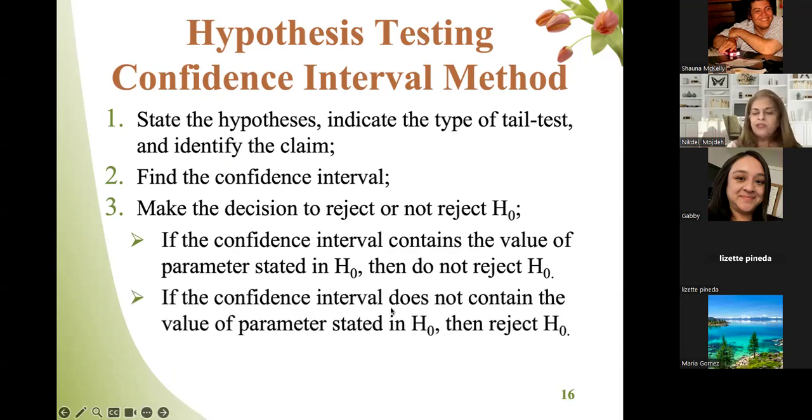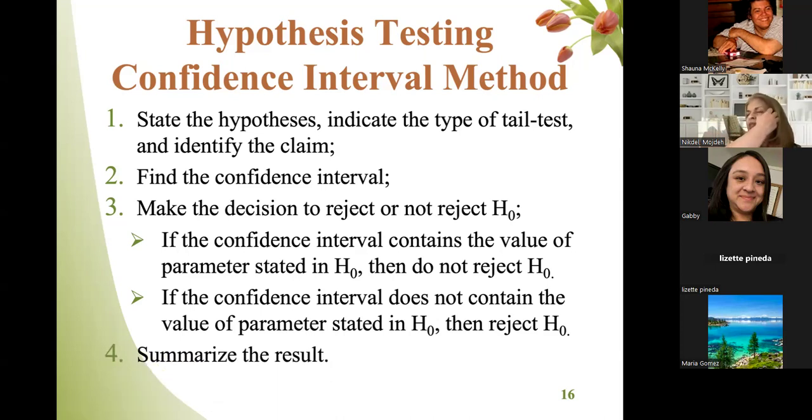If the confidence interval does not contain the value of the parameter stated in H0, then you reject null. So if the value from the H0 sentence is outside your interval, you reject null. Then you summarize your result.